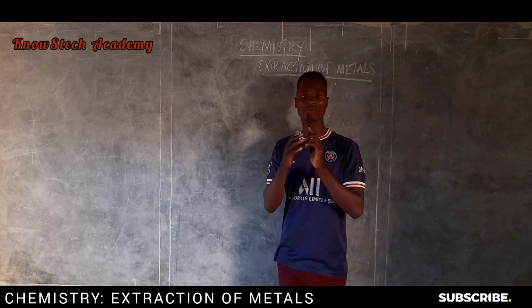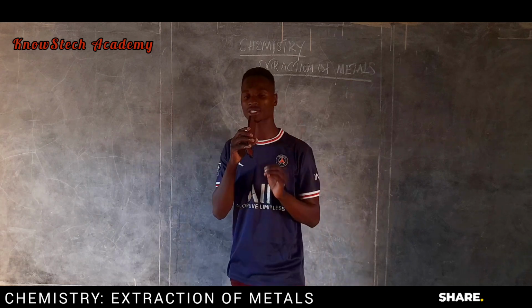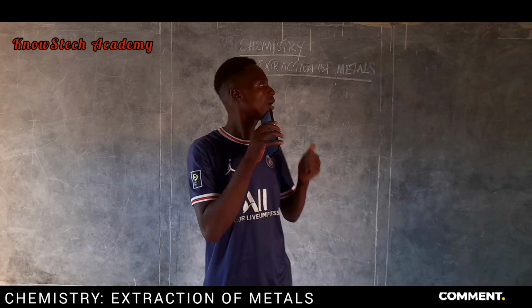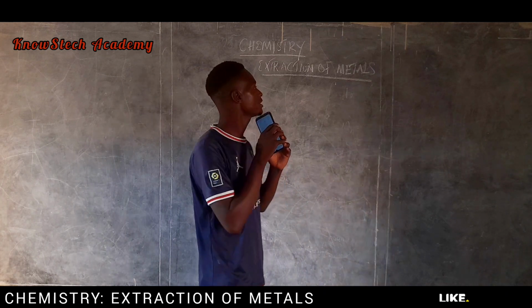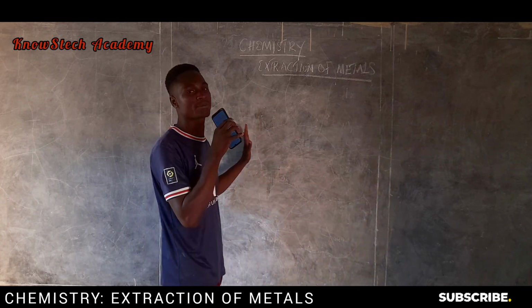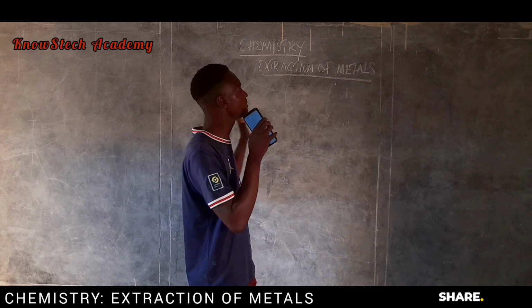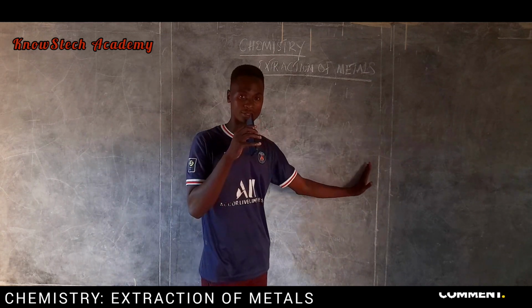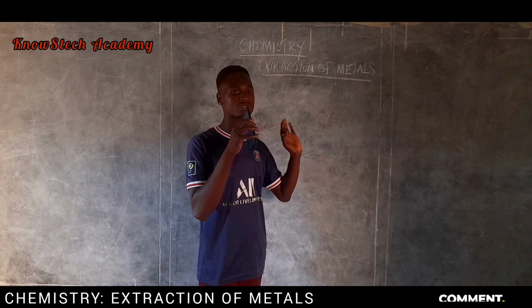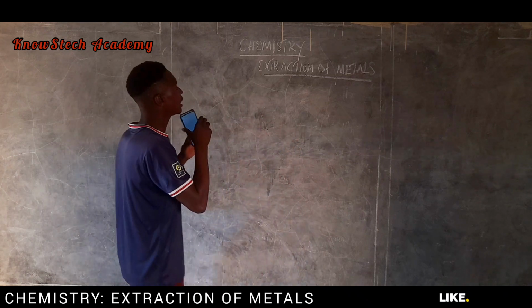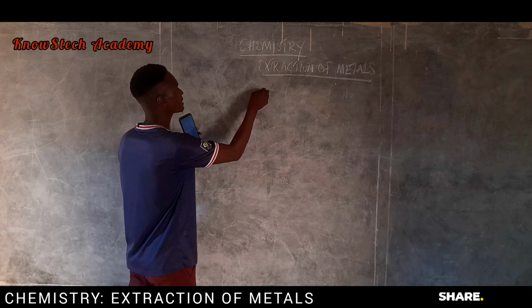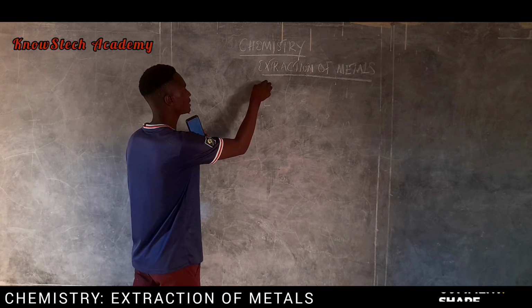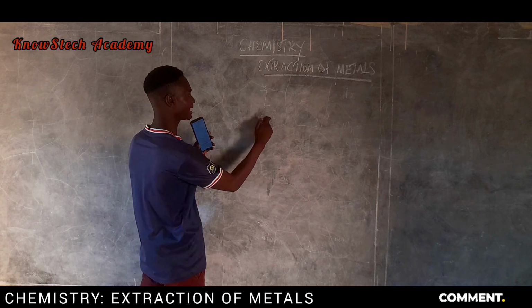Before we even proceed to the extraction of metals, you need to know the properties of metals. Remember, the periodic table is a table of elements, both metals and non-metals. When you look at it, there is a zigzag line starting from boron and aluminum down.